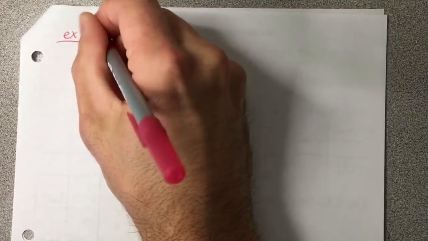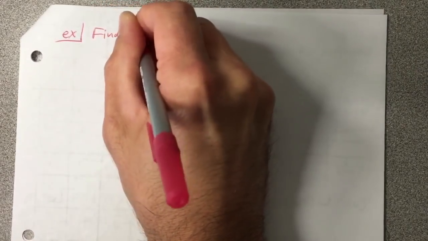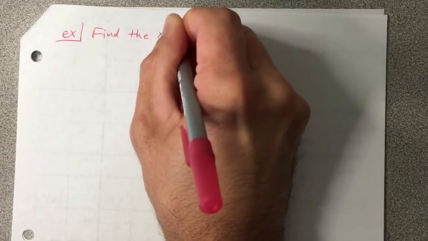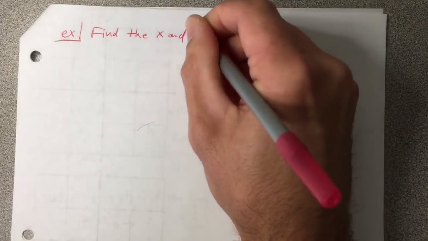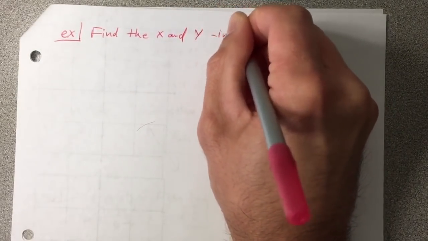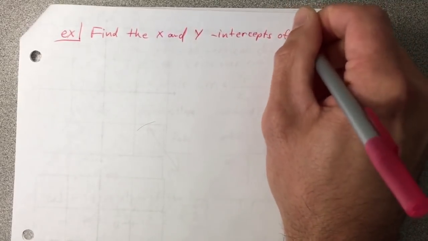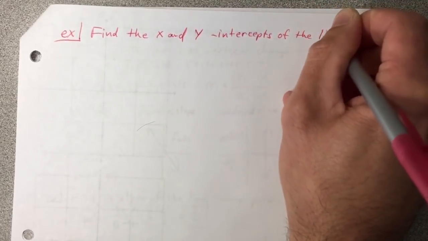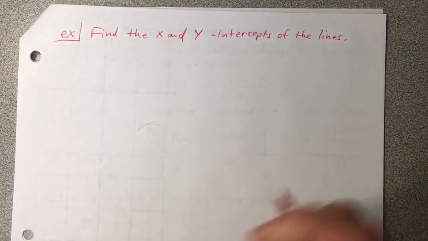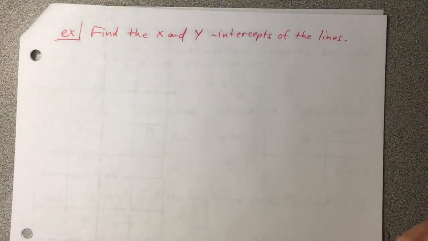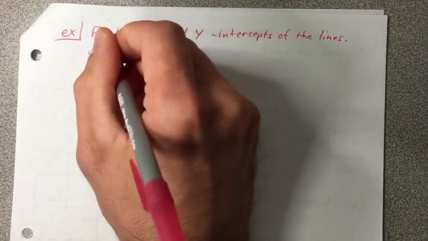I'm going to ask you to find the x and y intercepts of the lines. So I'm not actually asking you to graph, even though you could do this to graph, but we'll do 2 examples here.